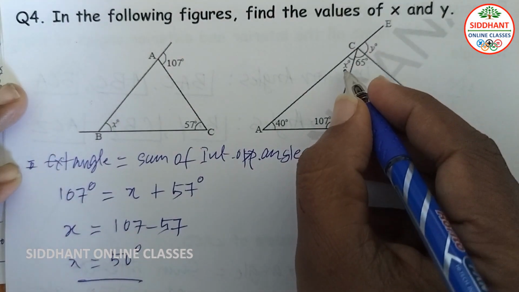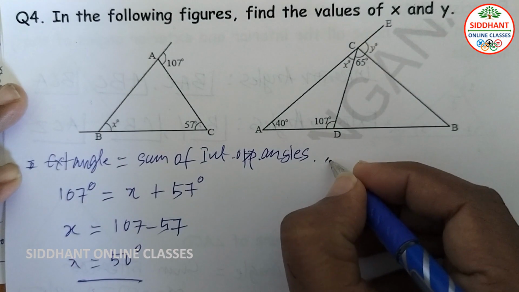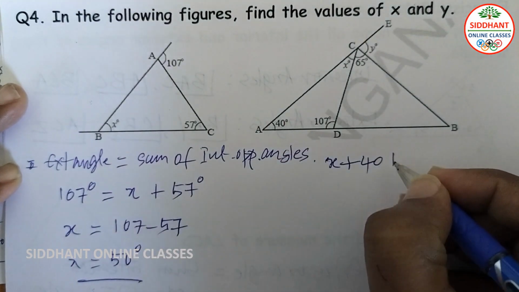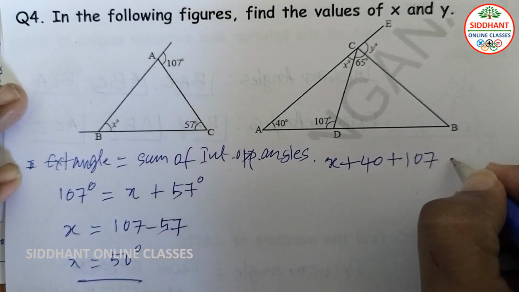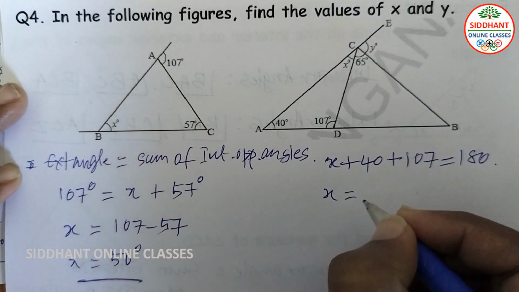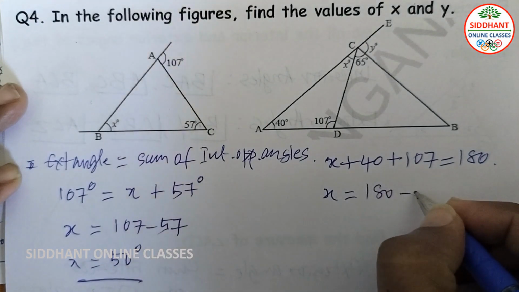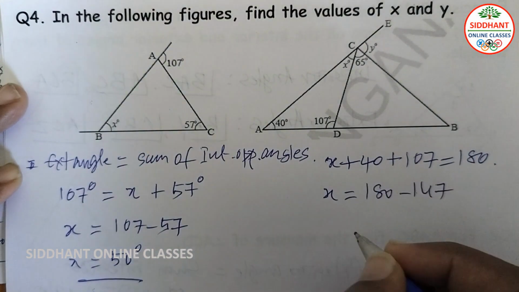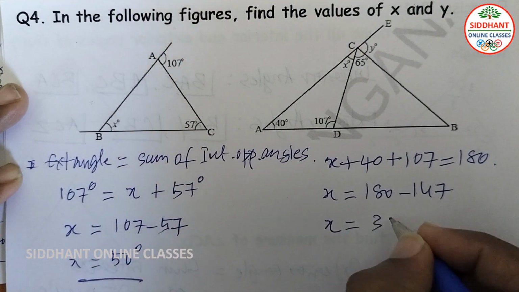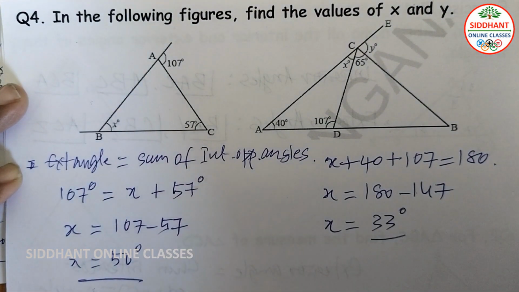So X plus 40 plus 107 is equal to 180. Then X equals 180 minus 147. So X equals 33 degrees here.